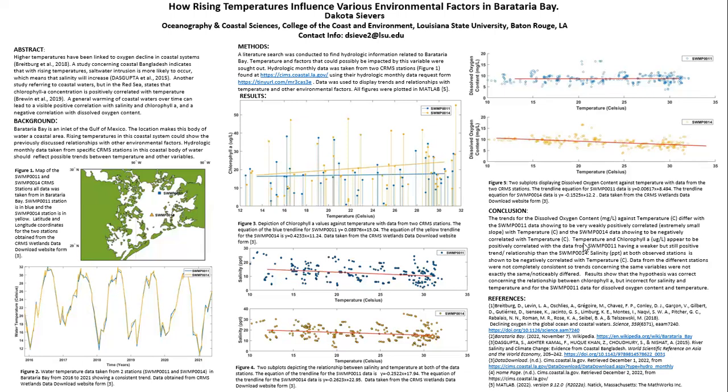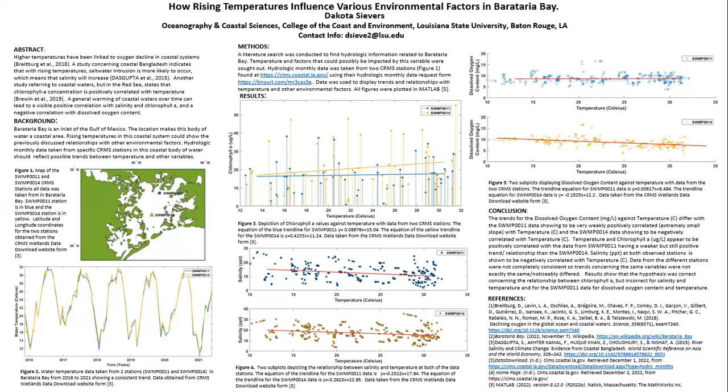So to bring it back to the original prediction for this research, we can confirm through these figures and the associated trend lines that the prediction was incorrect for the trends for salinity, since the figure showed that there was a clear negative and not positive correlation with higher temperatures. And the data for dissolved oxygen content was not consistent at both sites, so an exact conclusion for the trend cannot be confirmed.